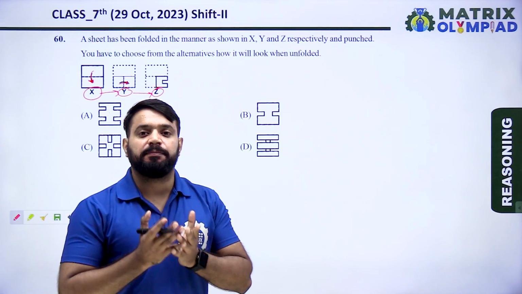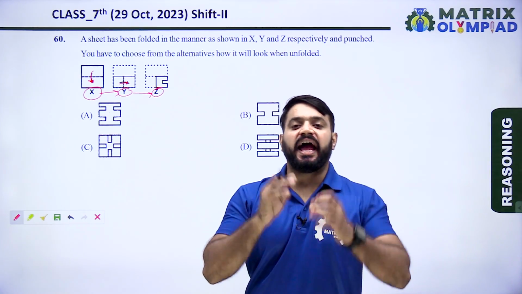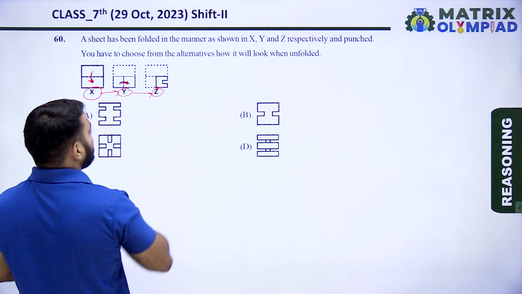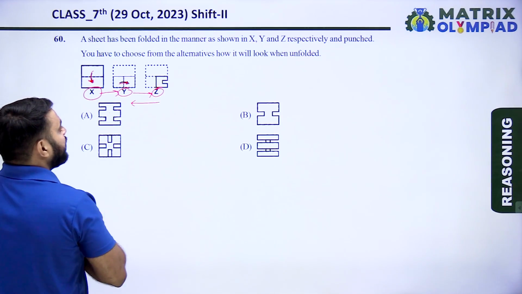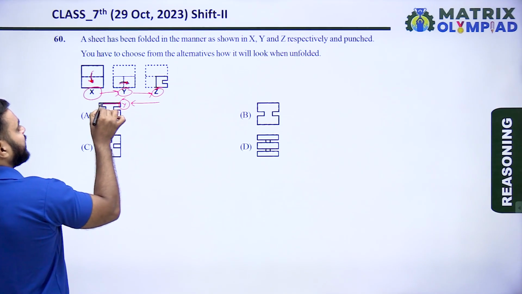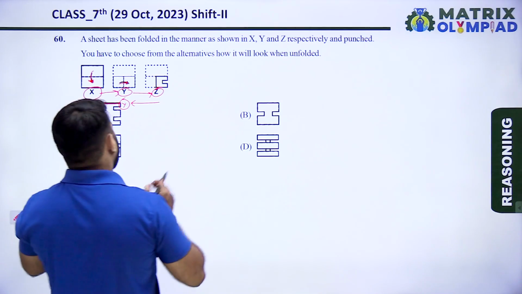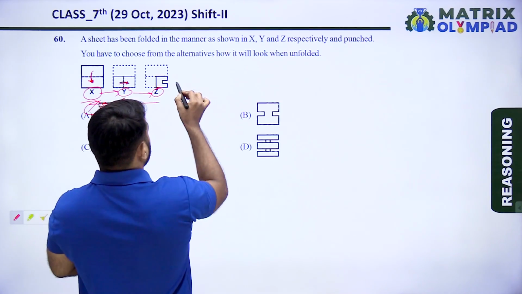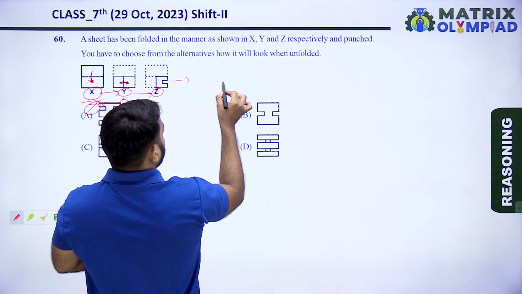So unfold the paper in the same sequence in which it was folded and find the mirror image in each case. So first unfold Z. It represents Y. Now unfold Y. It represents X, and X represents the unfolded paper.